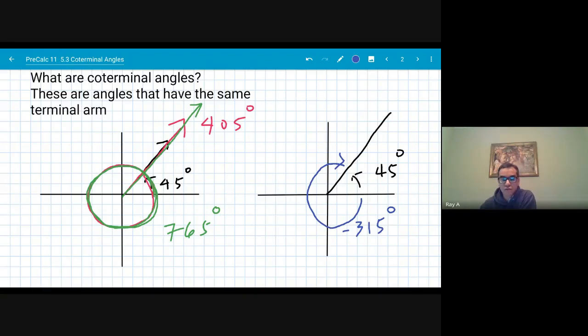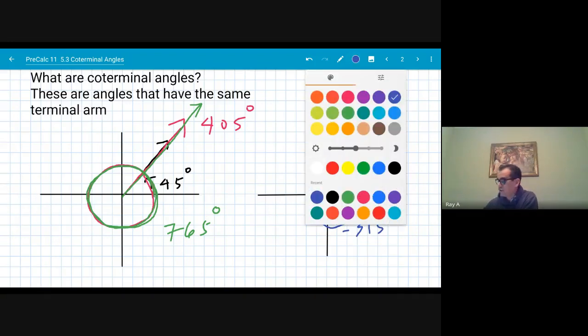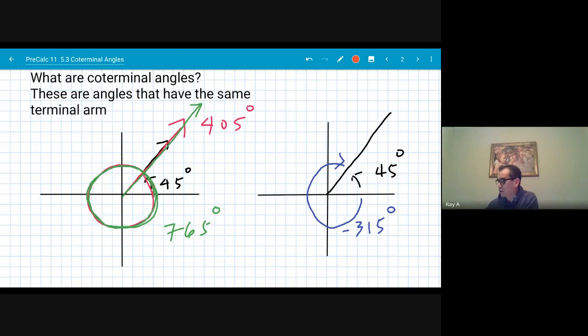Just like what we did earlier, we can find another negative coterminal angle by going further. If we do another one, we end here, and negative 315 would become negative 675 degrees.